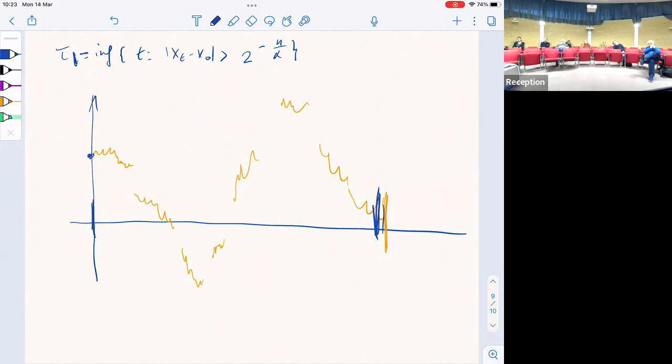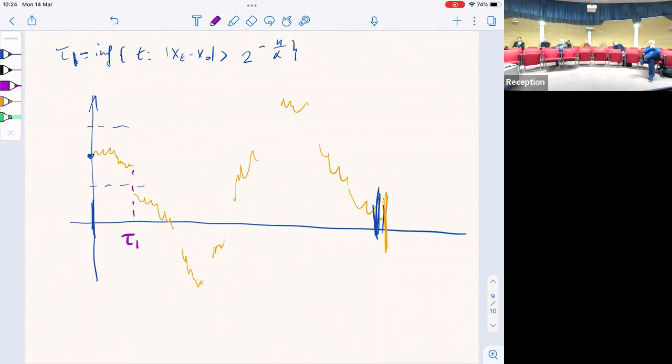What we are interested in is the first time when it exits the interval of this size. So in this example, tau 1 is just here.